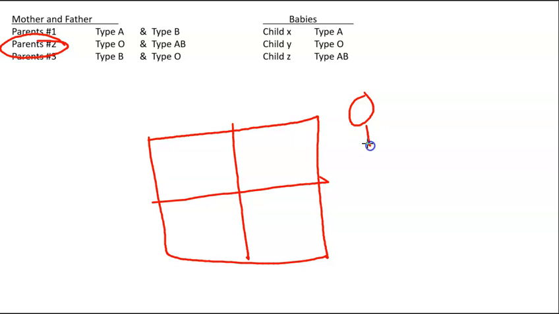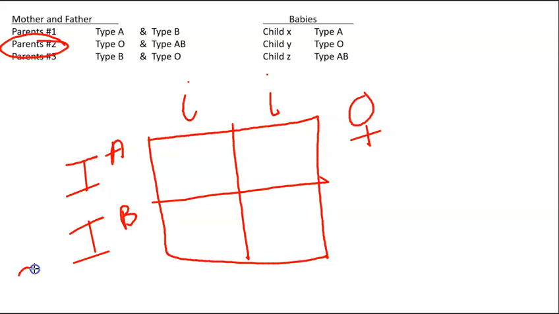So mom is homozygous recessive, so she has little i, little i. Dad is type AB blood. So his genotype, he has the IA and the IB allele. And this is basically the only combination that we can make with these two parents.